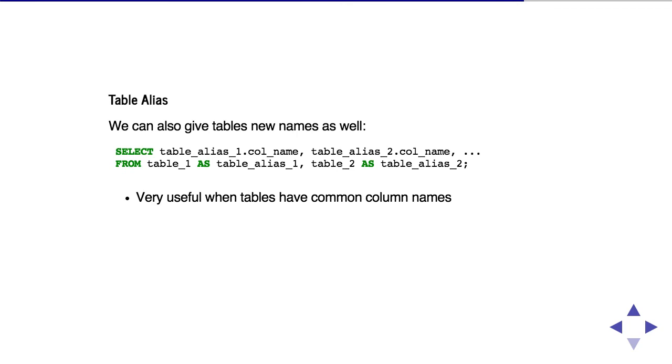We also give aliases to tables. This is really helpful later on, and also when tables have common names. Usually if you give a table an alias, it's a really short one. I usually do T1 for table 1, or for expense I'd probably do EXP.